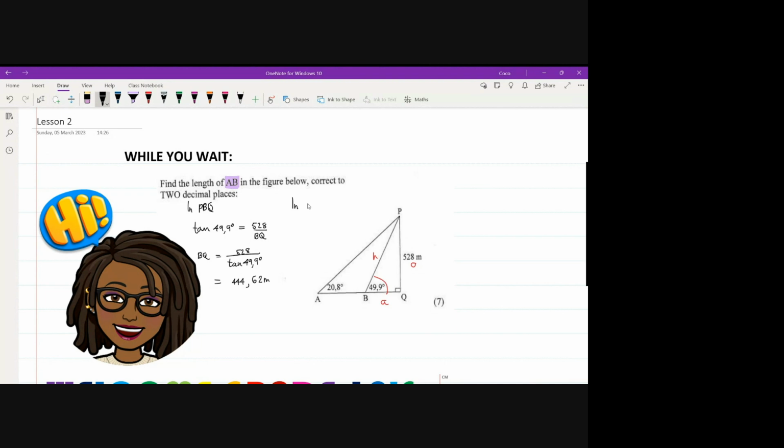So I'm going to go in triangle PAQ, and I'm going to calculate for AQ. Again, I'm going to label. I know that this is my angle, AQ is my adjacent side, 528 is my opposite, and this is my hypotenuse. Because I have my opposite and I'm looking for my adjacent, I'm going to use tan.